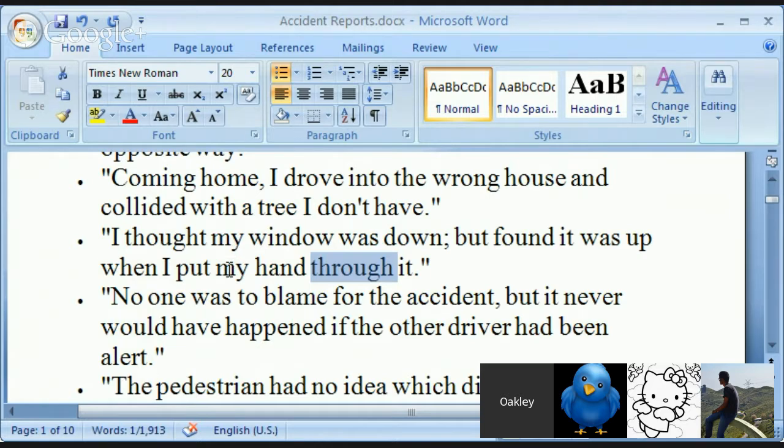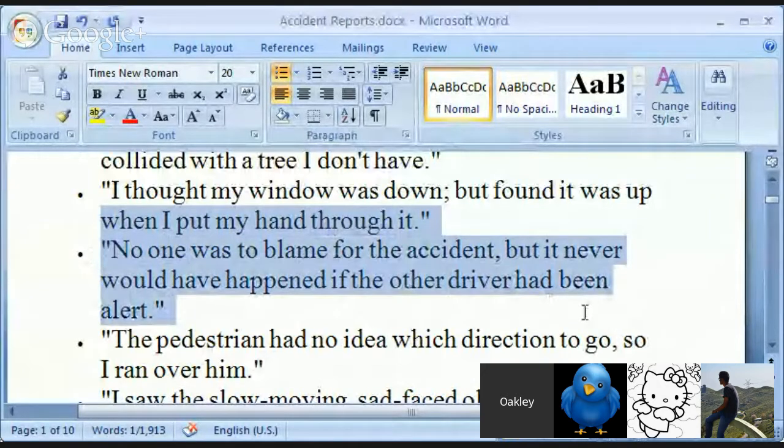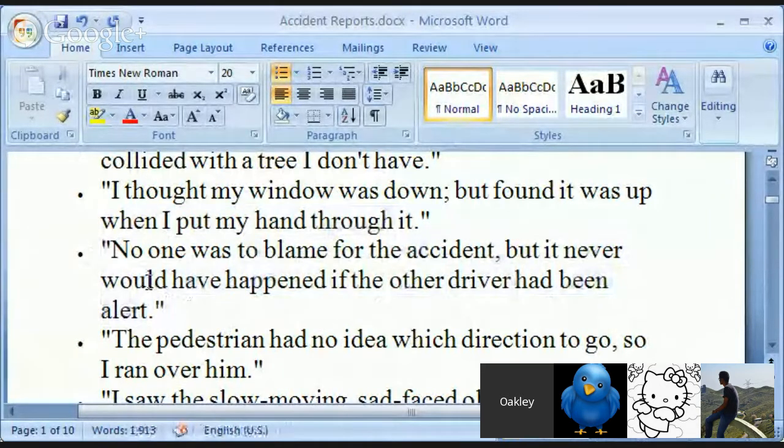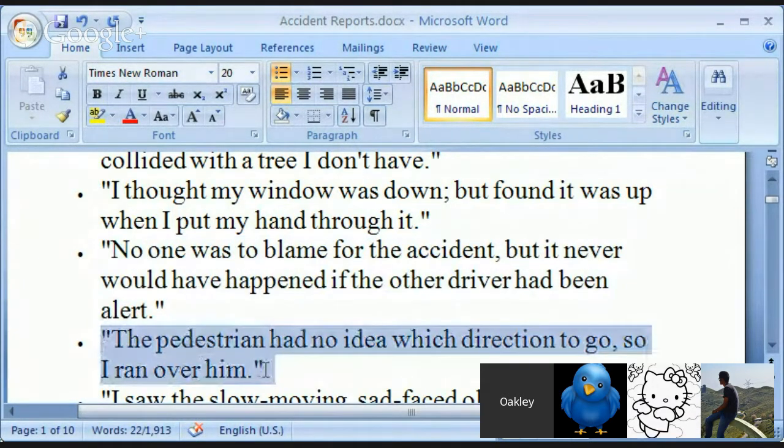But anyway, next: No one was to blame for the accident, but it never would have happened if the other driver had been alert. Well, this is very passive-aggressive, we call that. No one was responsible, but they were responsible.